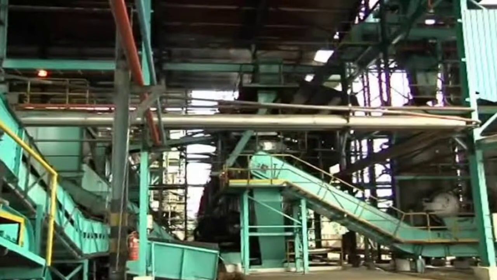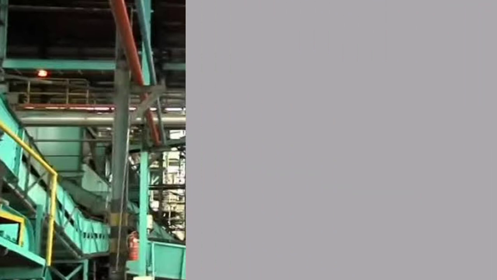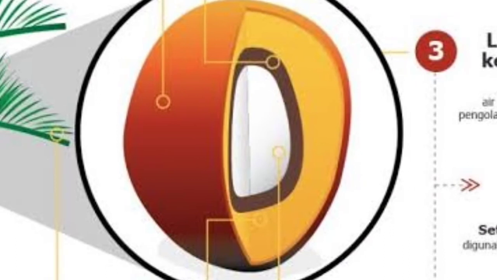Step 4. Fruit squeeze. Before fruit is squeezed, you must first release the fruit seed from the pulp. This uses a steam process of between 80 and 90 degrees. After the fruit has been released from the seeds, the fruit is put into a compressing machine.